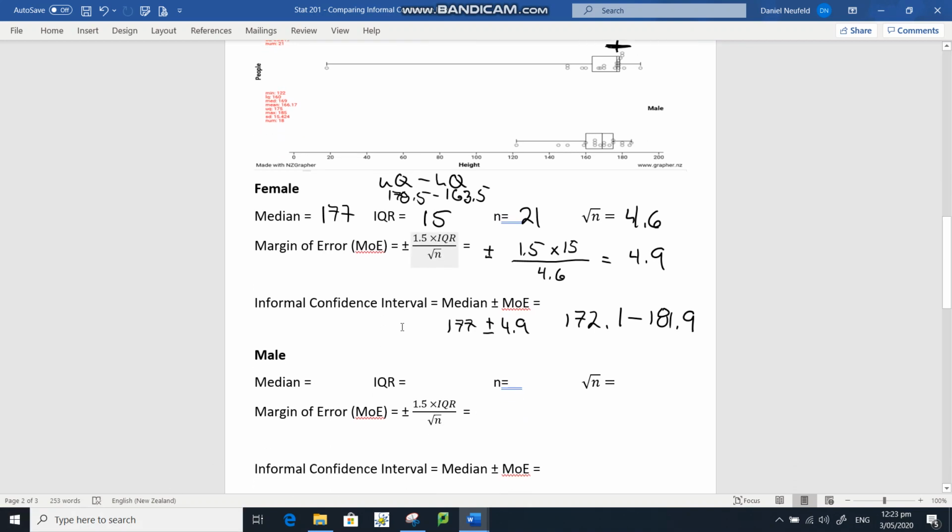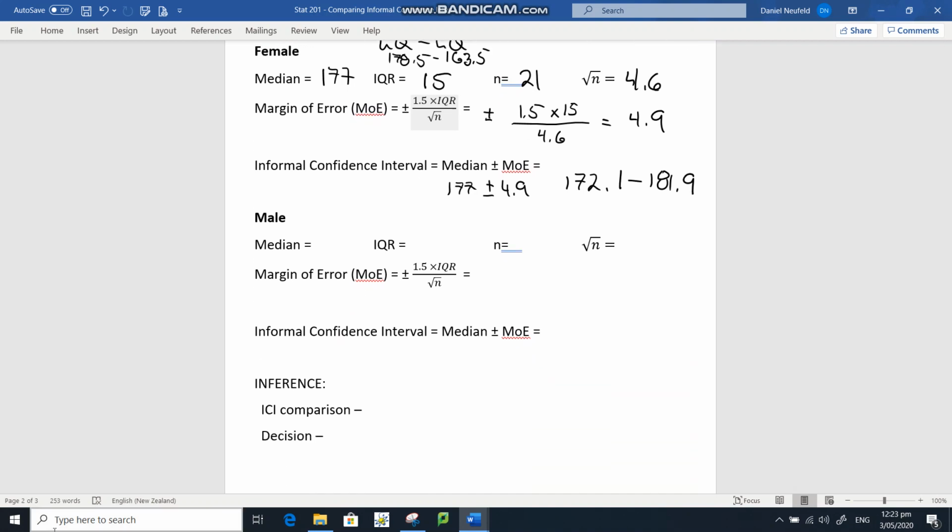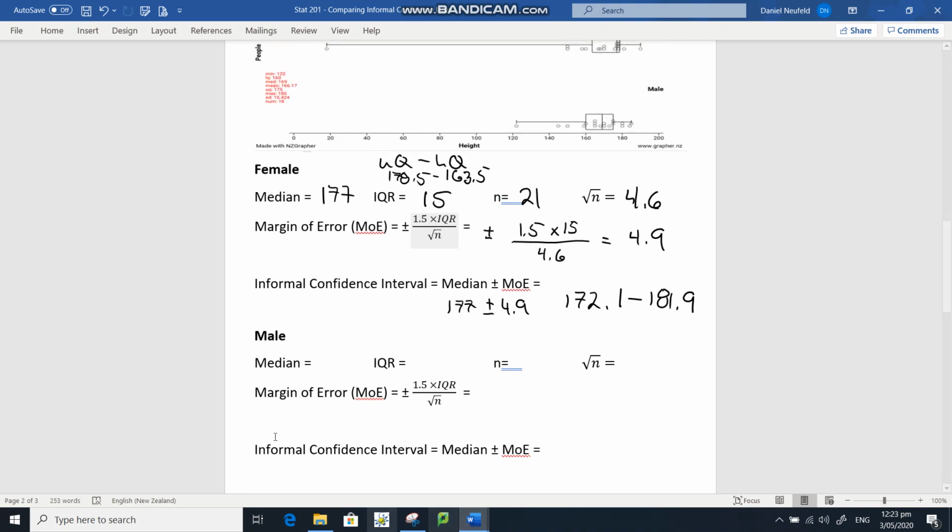Now we work out the other group for males. Again, we will show you how to do this on NZ-Grapher as well. But I think it's good to be able to do the calculation. So looking at the data for the males, the median they've given us is 169. IQR is 175 minus 160. So actually 15 again. This time we only have 18 people there. So 18.